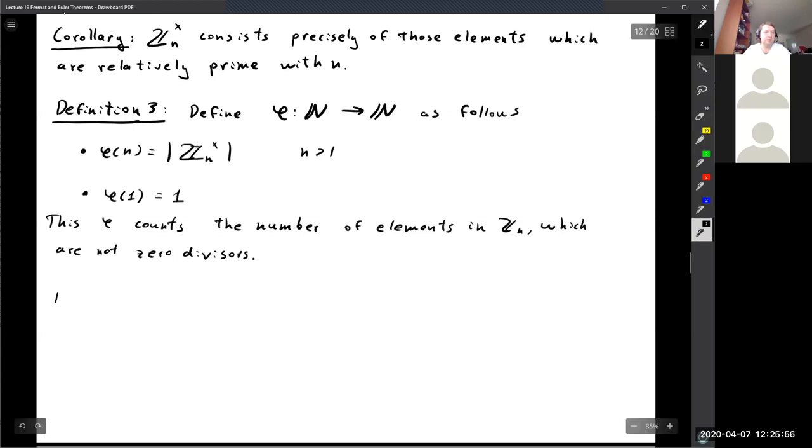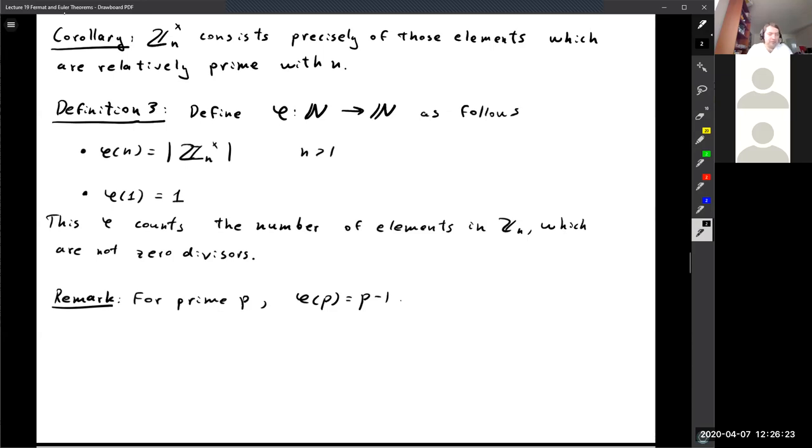And a kind of remark: for prime p, we have that phi of p equals p minus 1, right? Because every nonzero element in Zp is not a zero divisor.